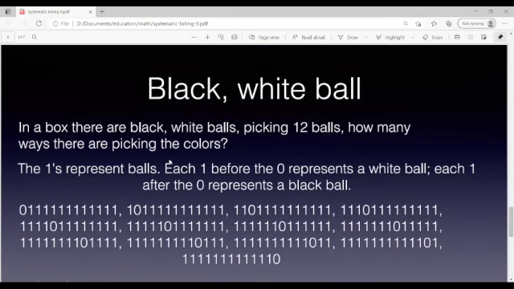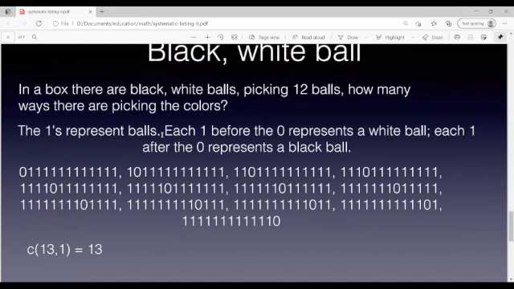So black and white balls. In a box there are black and white balls. Picking 12 balls, how many ways are there of picking the colors? So the ones represent the balls, and each one before the zero represents a white ball, and each one after the zero represents a black ball. So these are all black balls, and this is a white ball.